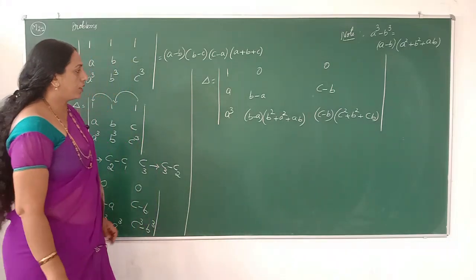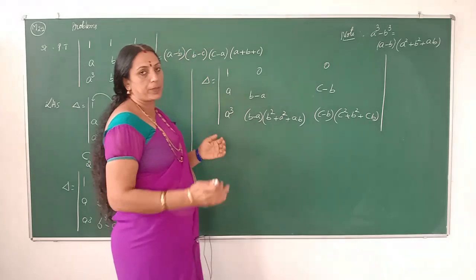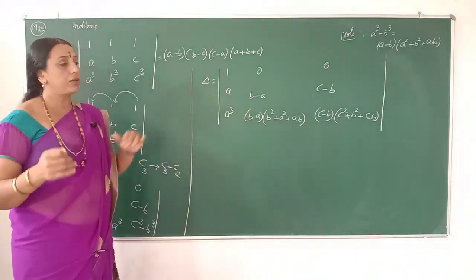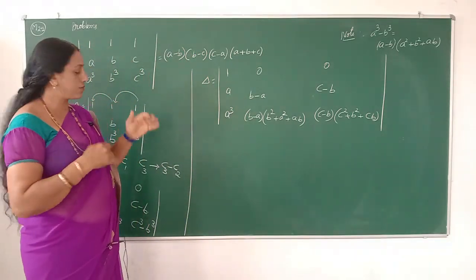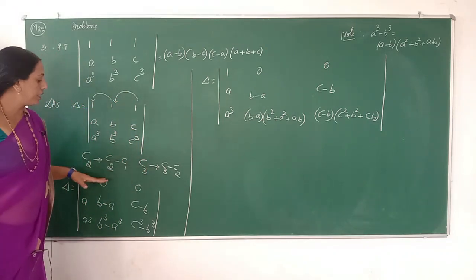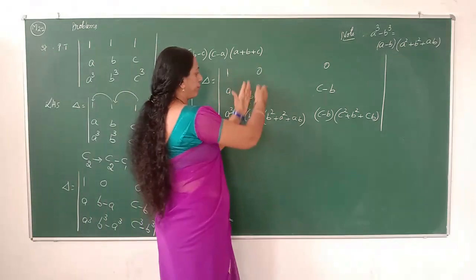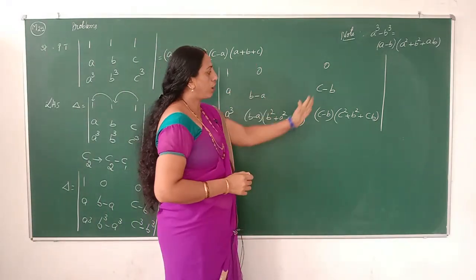Then we will observe the elements of the second column. In the previous problem, we operated in row formation, so we looked at elements row-wise. But in this case, we are operating in column formation. Therefore, we observe the elements column-wise.